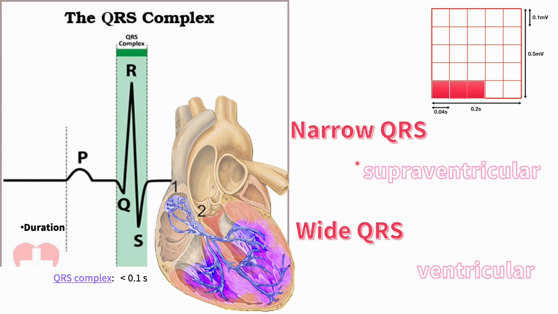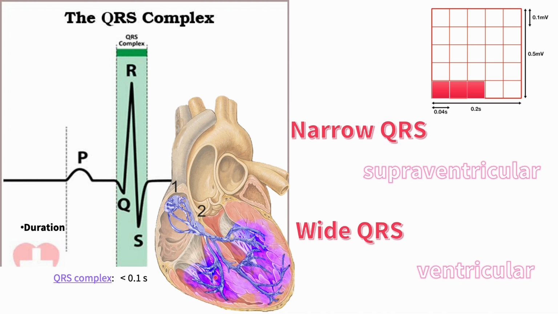So a narrow QRS means that the focus, regardless what it is, whether SA node or atrial or junctional, originated above the conduction systems, which is supraventricular, causing narrow QRS because it's flowing through a fast pathway.